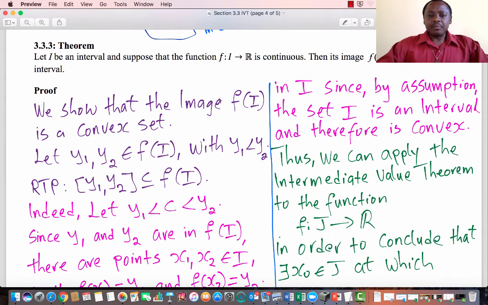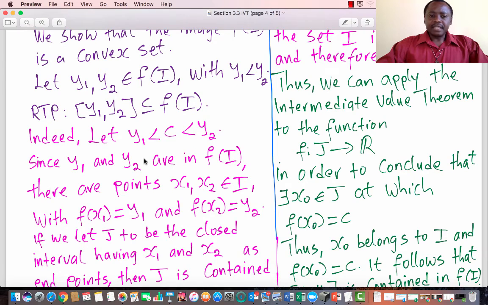We show that the image f of I is a convex set. Let y1 and y2 be elements of the image f of I, where y1 is less than y2. Our goal is to prove that the closed bounded interval y1, y2 is a subset of the image set f of I. Indeed, let y1 be less than some real number c, which is less than y2, and the inequalities here are strict.